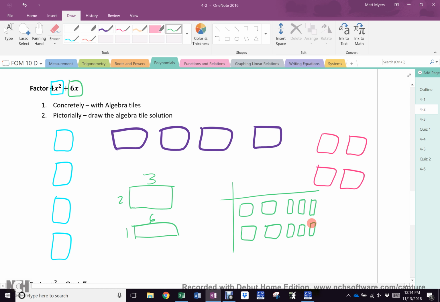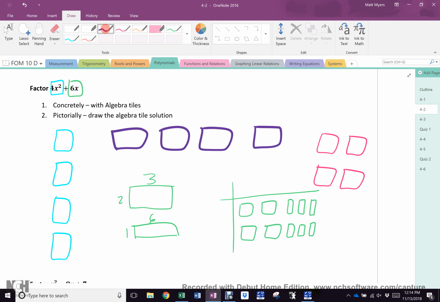Where do the factors live? Because that's the total I can see, 4x squared and 6x. Got them right there. What are the factors? Factors live on the edges.